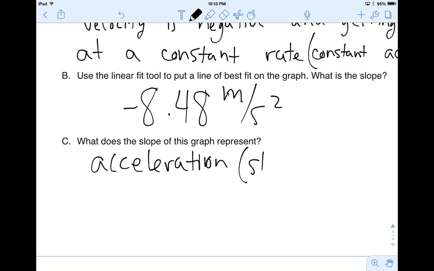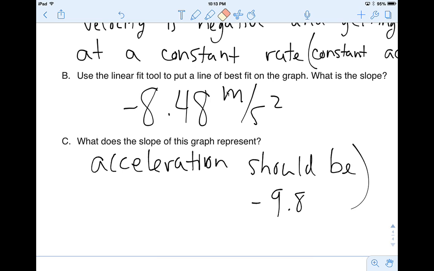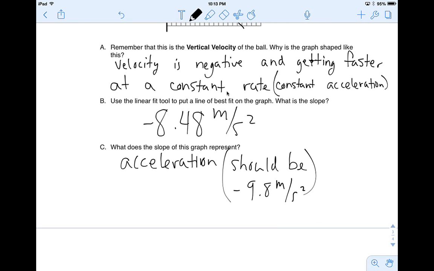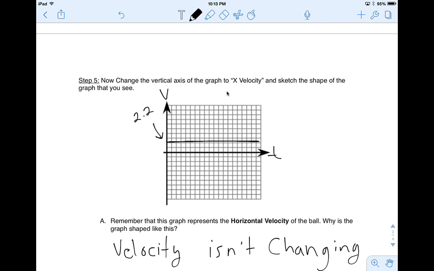And we'll go ahead and put down here that it should be -9.8. So we've got some sort of error here that's causing it to be negative 8.48. I don't know what it was, but it should be negative 9.8 meters per second squared. Because we know that gravity always accelerates things at negative 9.8 meters per second squared. Okay, so you've got the lab done.